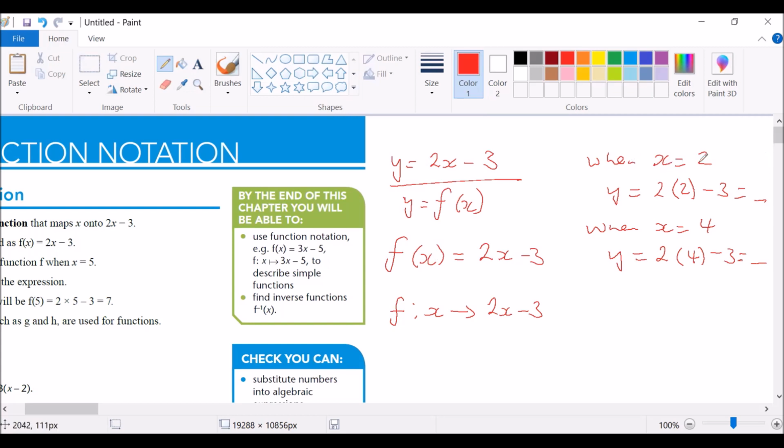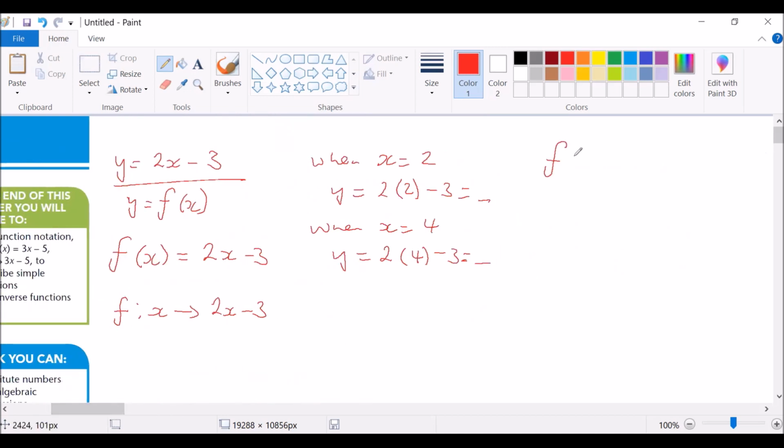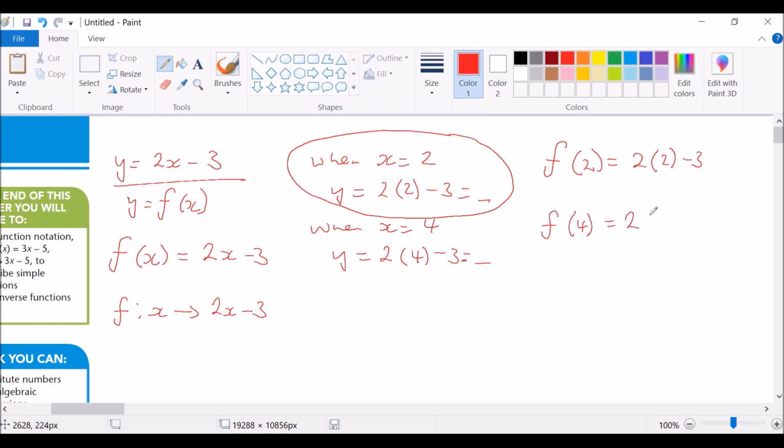Instead of saying when x is equal to 2, we just say f of 2 is equal to 2 times 2 minus 3. So instead of doing all this, we just take it in one step. Instead of saying when x is equal to 4, we just say f of 4 is equal to 2 times 4 minus 3. Then we get our answers.